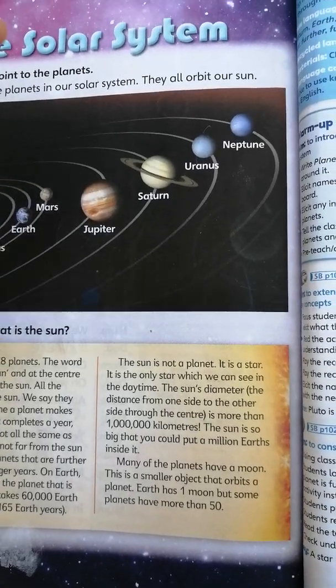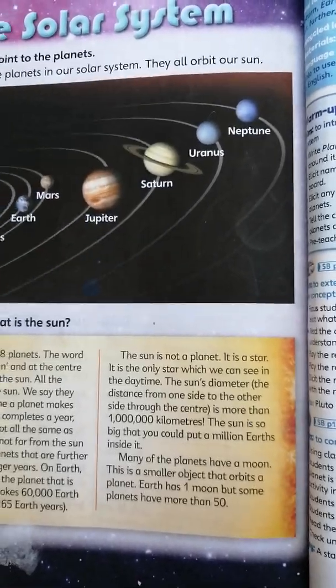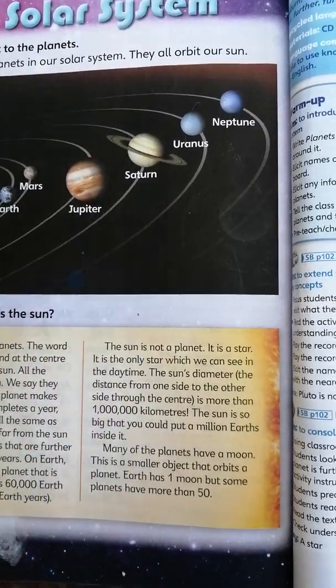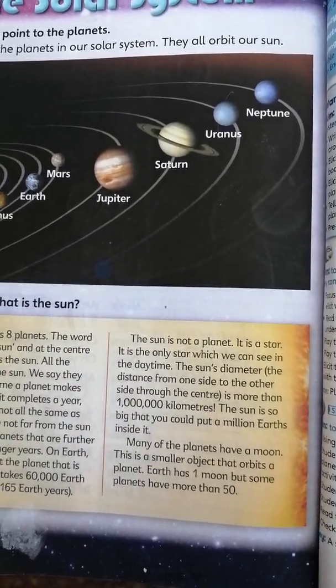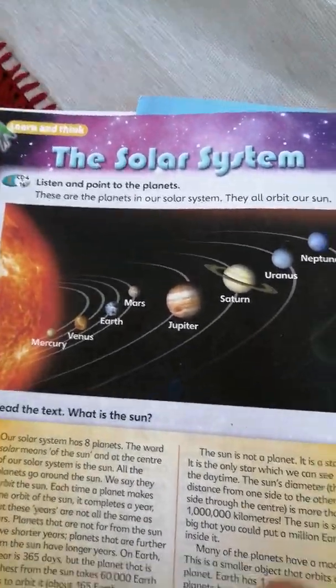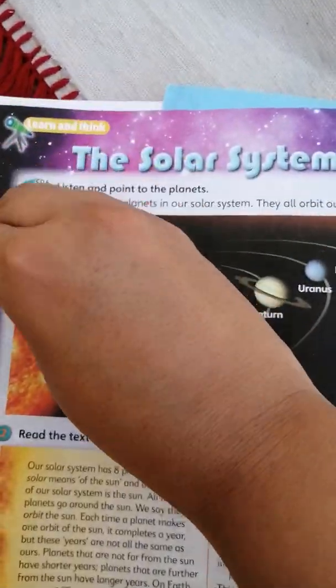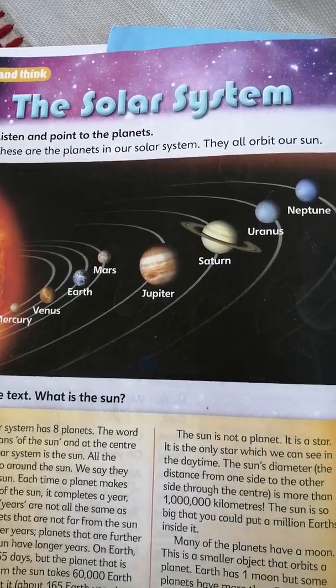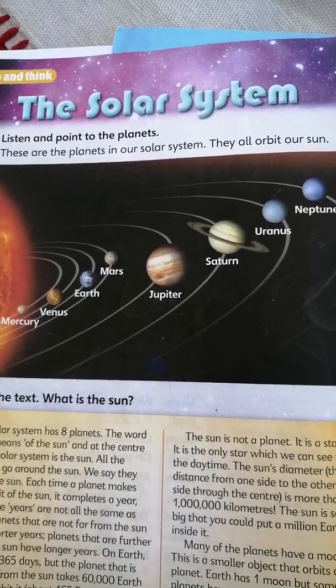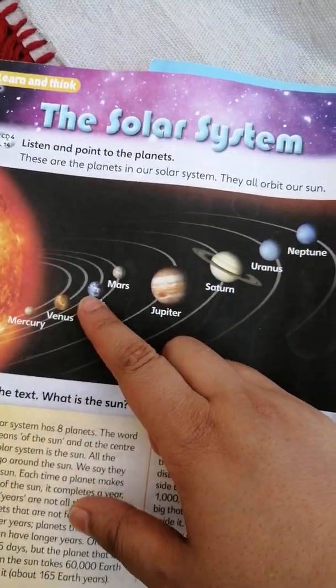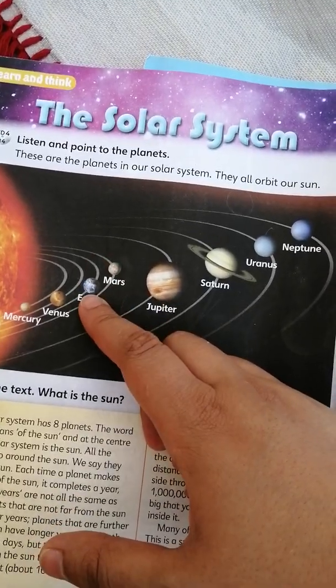The sun is so big that you could put a million Earths inside it. If you take a million Earths from here and put them in the sun, it can be one sun. So one sun can hold a million planets like Earth.